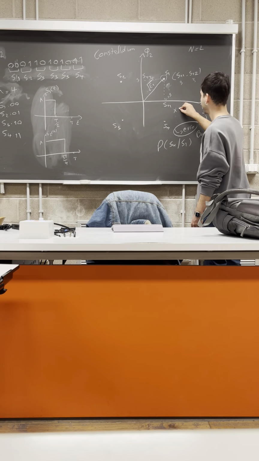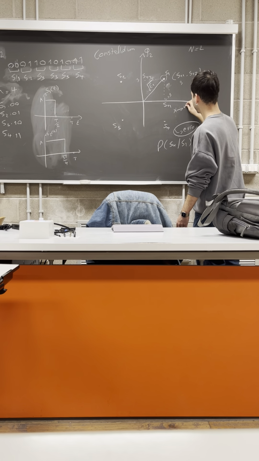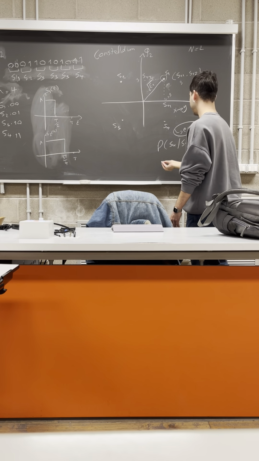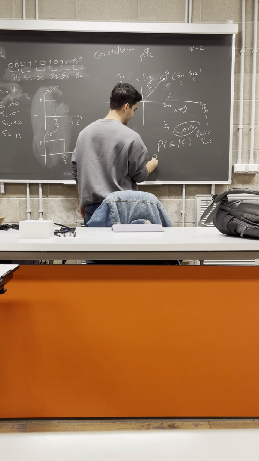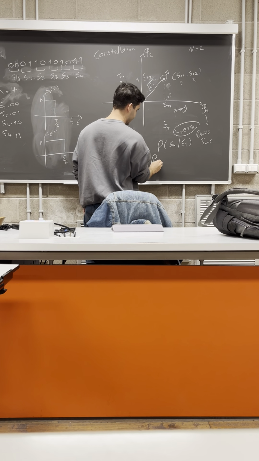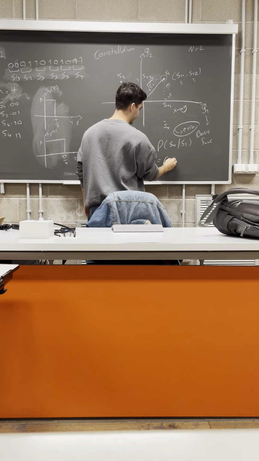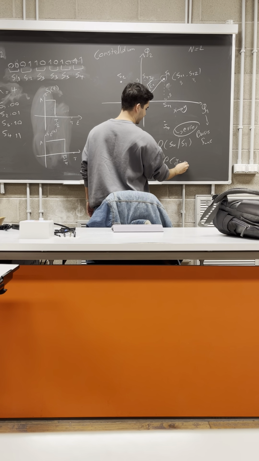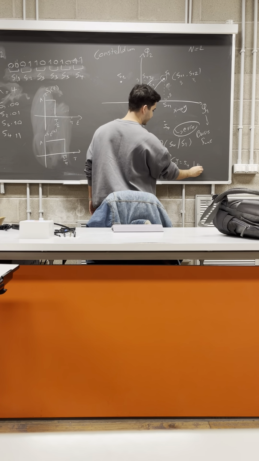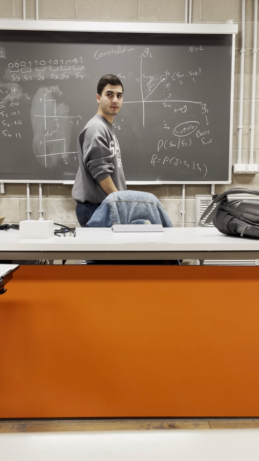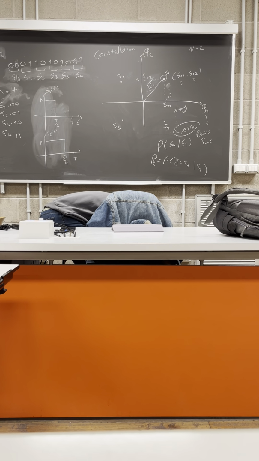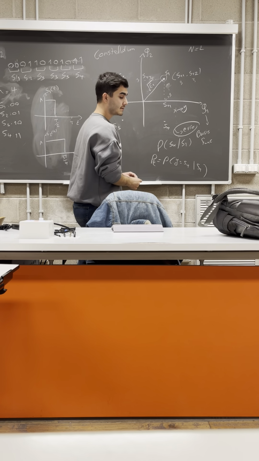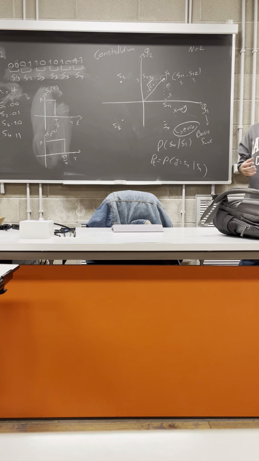Or if I call this point Y, the better way to show that is: the probability of error is equal to the probability of Y equal to S4 when I'm transmitting S1. So that's the big picture idea.